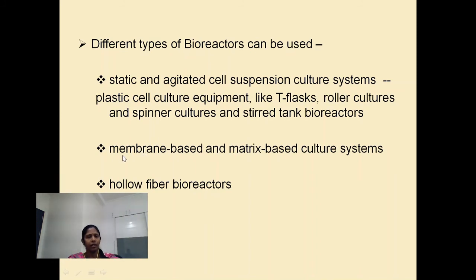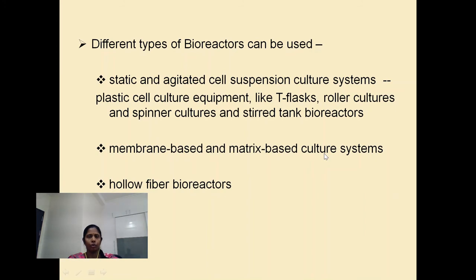Improvised methods like membrane based and matrix based culture systems are also used for culture of selected hybridoma cells. The advantage here is that the cultured cells are separated from the nutrient media by a highly permeable membrane or matrix system.